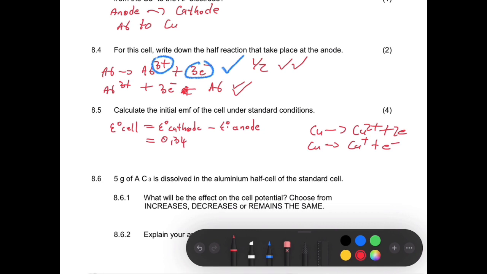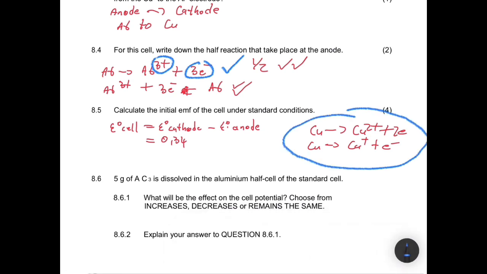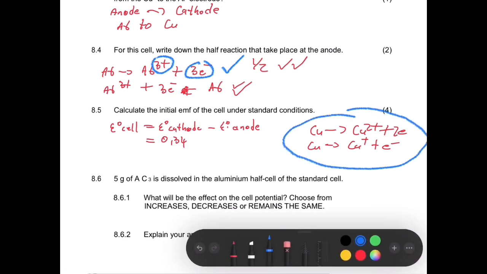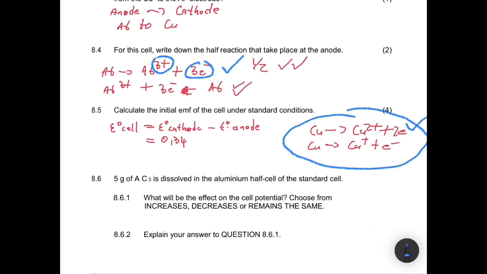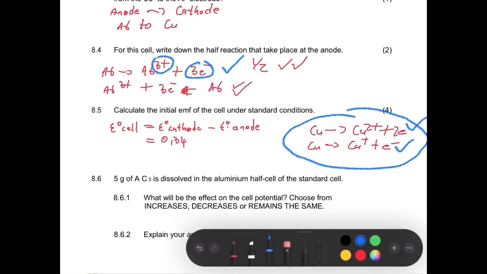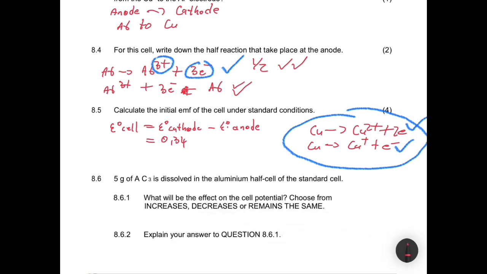So you have to pay attention. Are you picking the right value? You have to make sure that you are picking the right value for copper 2 plus. If you're given copper plus, then you have to pick the corresponding value of copper plus. The value of copper plus, I think, is 0.16, and then for copper 2 plus is 0.34. So you have to make sure that you're picking the right value.